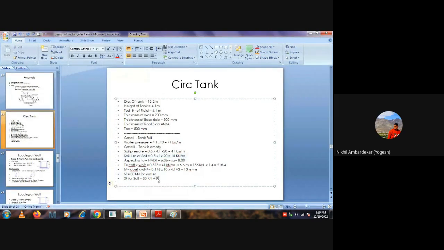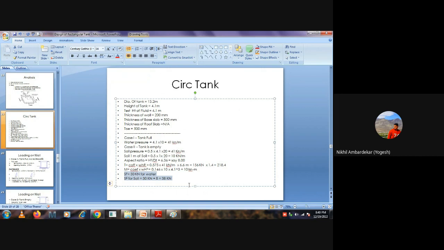Hold this 8. So the total shear force due to the soil pressure will be 38 kN. Done. So what have we calculated for the circular tank? We calculated tension, moment, shear force for water, and the shear force for soil pressure. So we get all the required inputs to design the reinforcement. Same thing if you want to design the base slab: whatever reinforcement you get for the wall, the same reinforcement you can provide to the base slab.